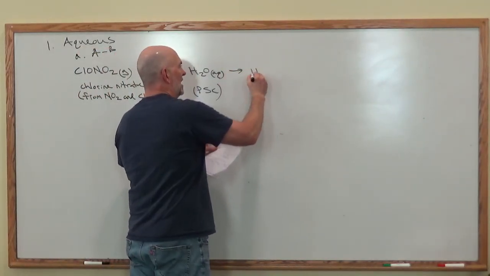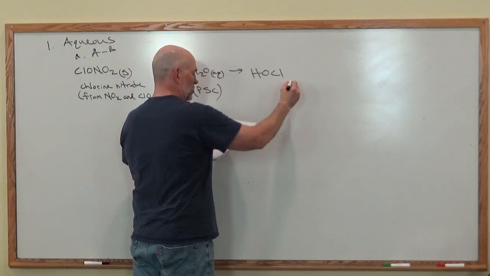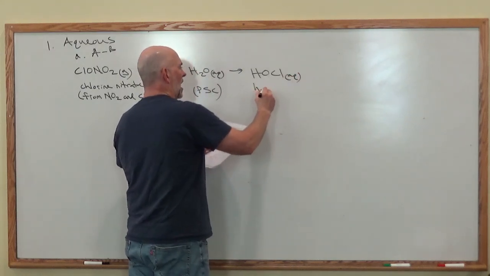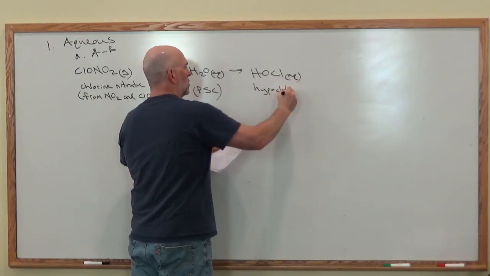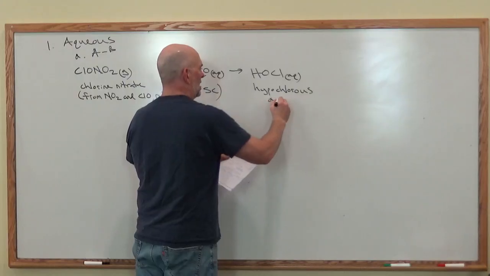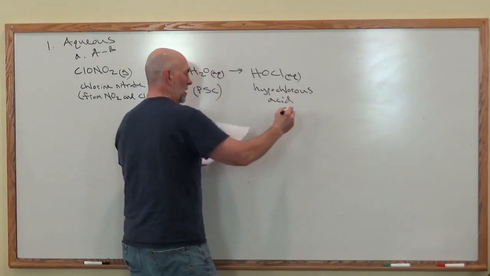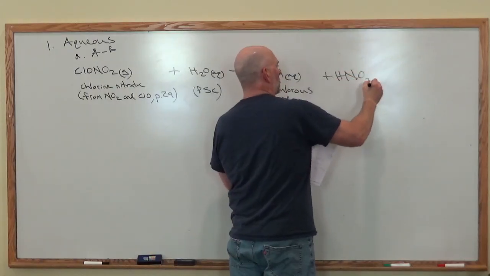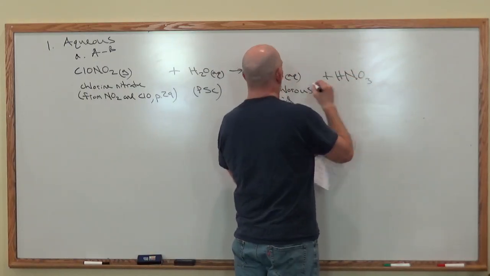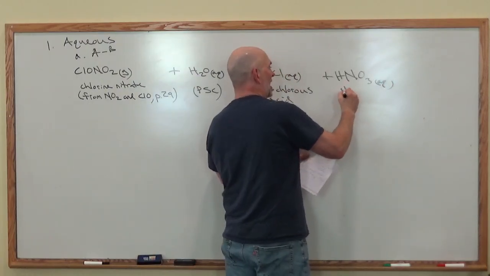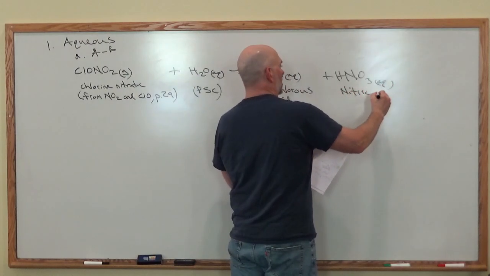You get HOCl, which if you've had Gen Chem and you had to memorize some acids, that's called hypochlorous acid. And then you also get HNO3, also aqueous, and you probably recognize that. That's nitric acid.